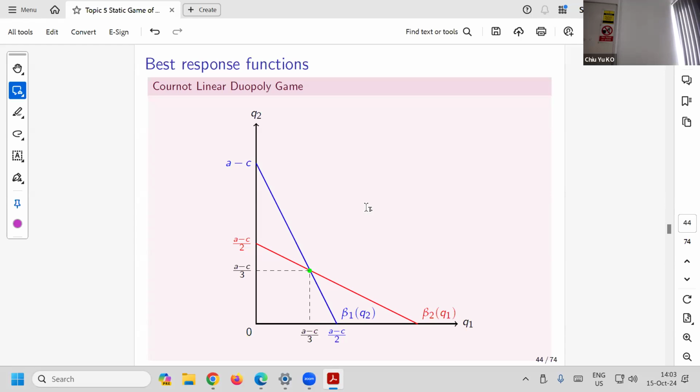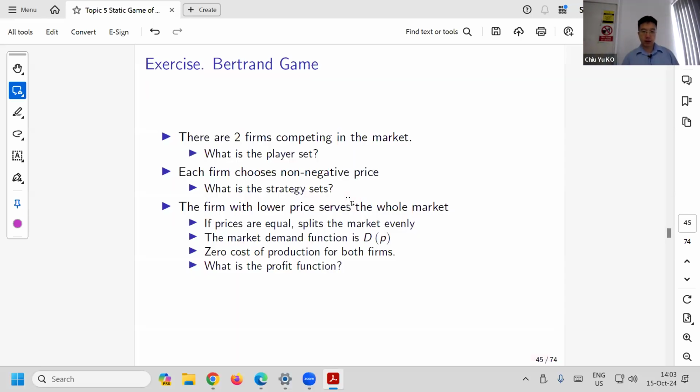Now, if you want, you can try this during the break, or you can try this at home for fun.